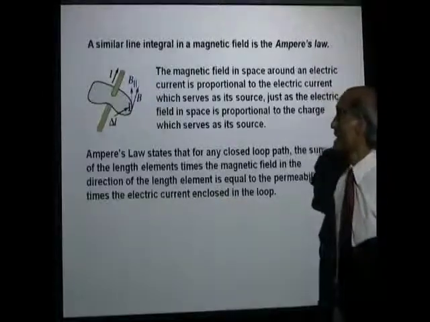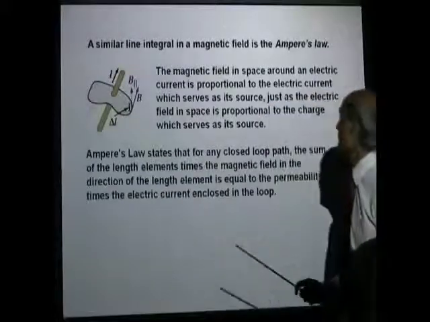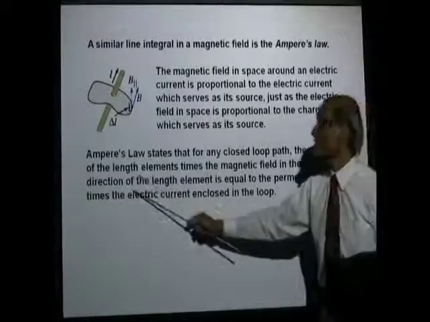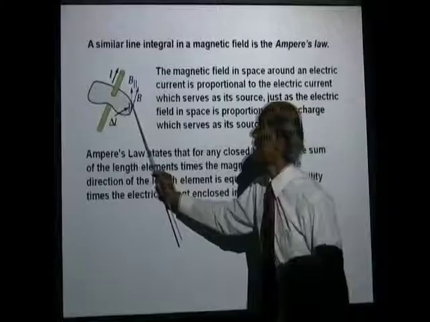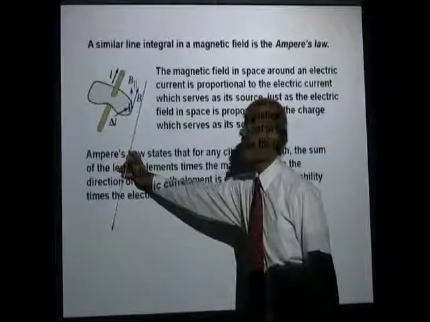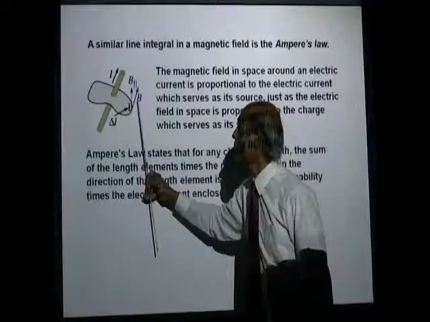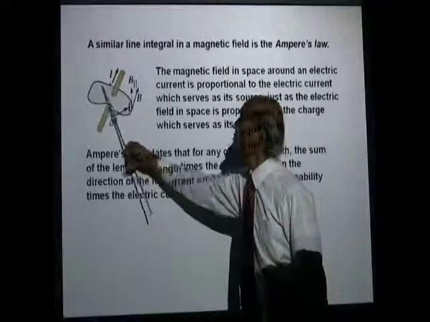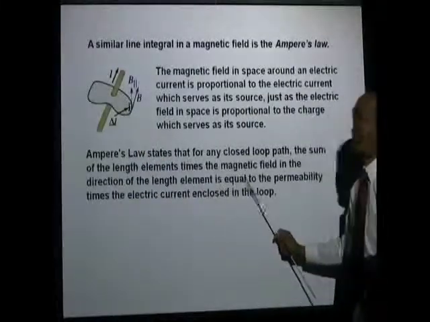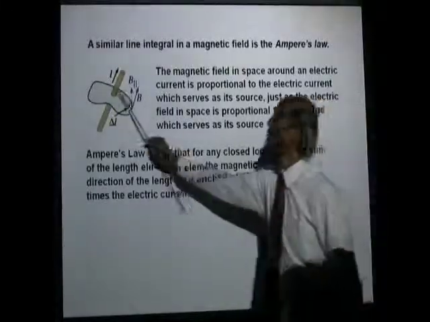Now, Ampere's law states that for any closed loop path, the sum of the length elements times the magnetic field in the direction of the length element, one more time, if you take that length element delta L and take the component of B in the direction of delta L and multiply the two, B delta L, and integrate it along the closed curve, it will be equal to the permeability times the electric current enclosed in the loop.